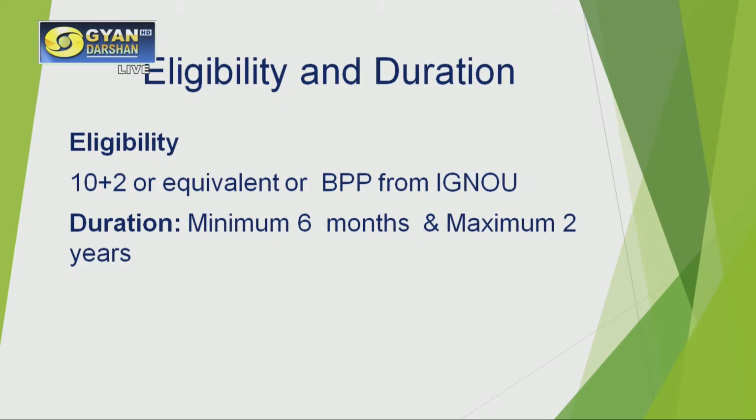It means that students who are not in a position to complete the program in 6 months' time due to various reasons, they may be engaged in some other activities, or if they fail to clear any paper, in any kind of situation, the student has to complete the program within 2 years, maximum period. Minimum 6 months and maximum 2 years.